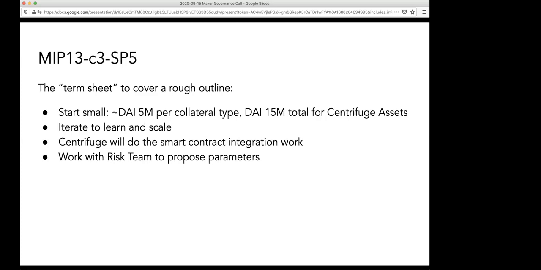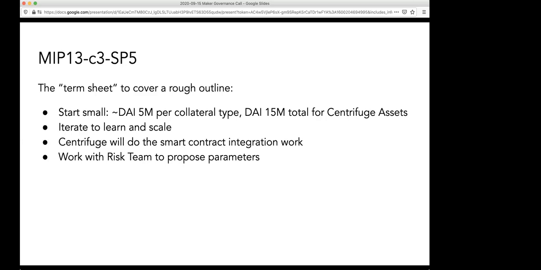And then in the governance cycle, MKR holders are able to vote. And so the way we're using this is to think of it as a term sheet, that the Maker community can say, okay, we roughly agree with the process that Centrifuge is proposing to bring these assets online, and to follow this process of onboarding these assets.